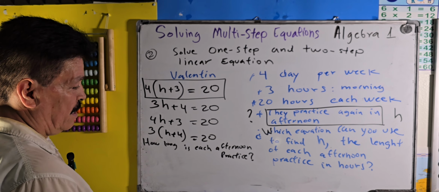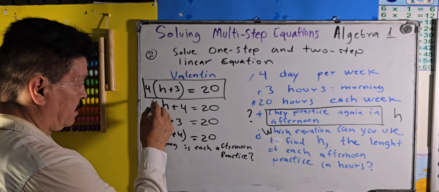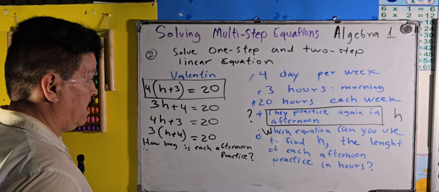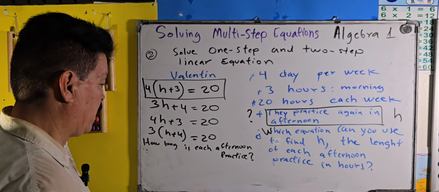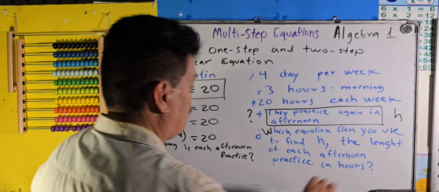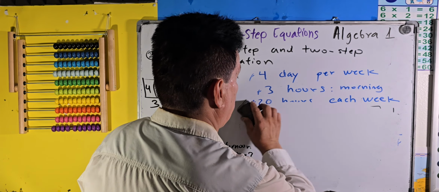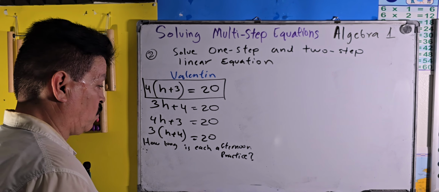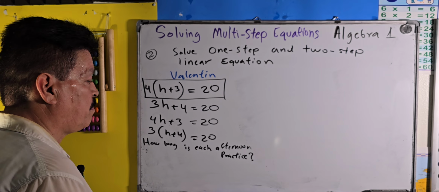Since I wrote the problem right here, let me use another color. I don't want to erase it here, so I will erase these sides now to show you my problem, my question. This is the question: how long is each afternoon practice?